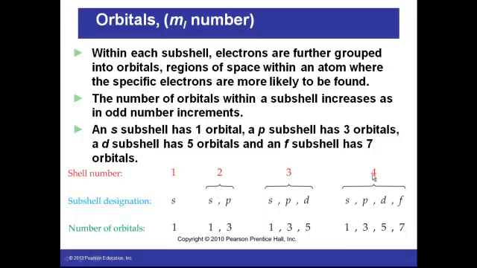So again, these are like an apartment complex. These are the individual apartment buildings, and these are how many apartments are held within that single building. So for the S subshell, there's 1 orbital. P, there's 3 orbitals. The D building has 5 orbitals, and the F building has 7 orbitals.